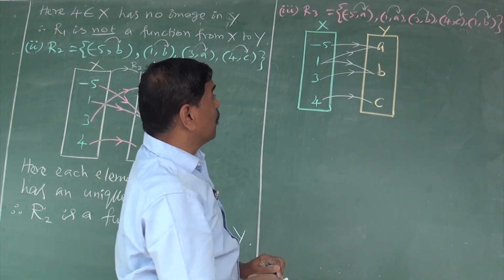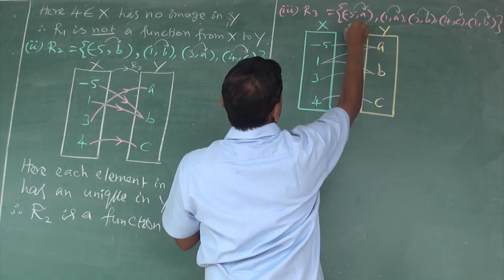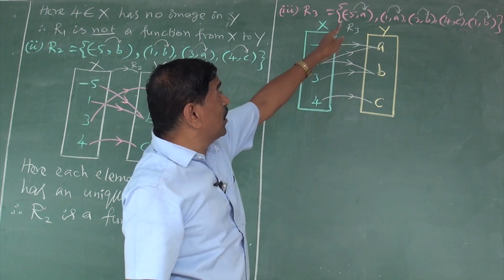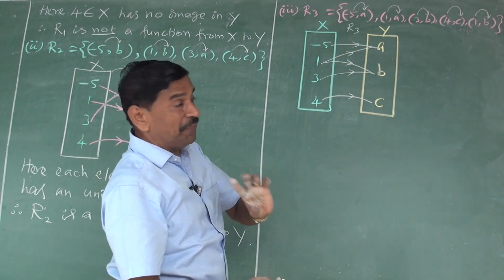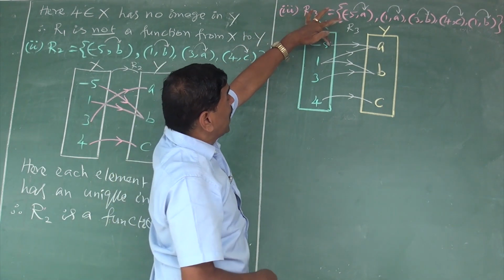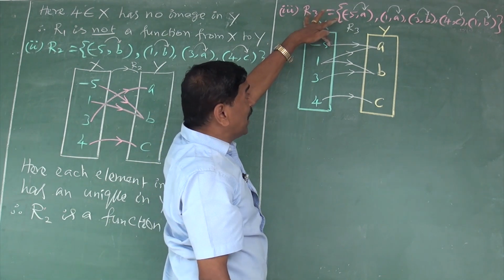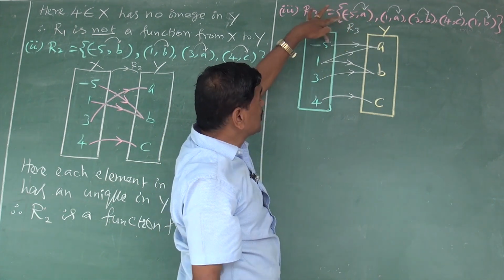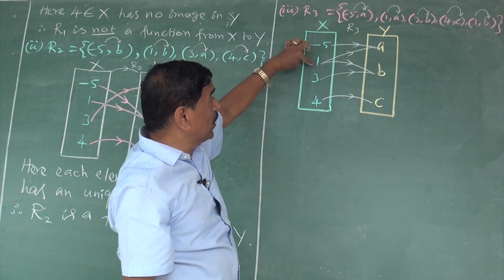Now we want to verify here R3 is a relation from X to Y. We want to verify whether R3 is a function or not. Now listen, the verification is very simple. Minus 5's image A. Minus 5 has only one image, that is a unique image. Minus 5 verification over. Next, come to 1.